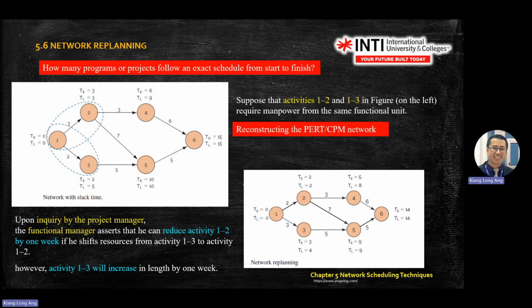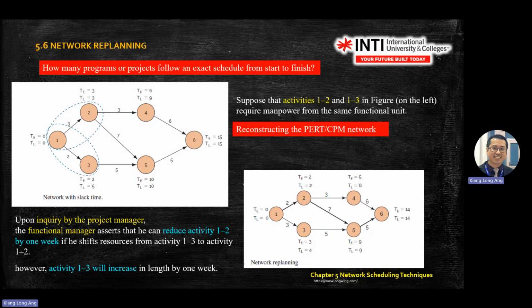The question will use keywords like, if activity A and activity B require the same manpower, can you replan the network? So you go into that particular station. For example, in this case, you look at 1 to 2, 1 to 3, then you see whether you can flip them, and then you find, is there any change to the final time or not?